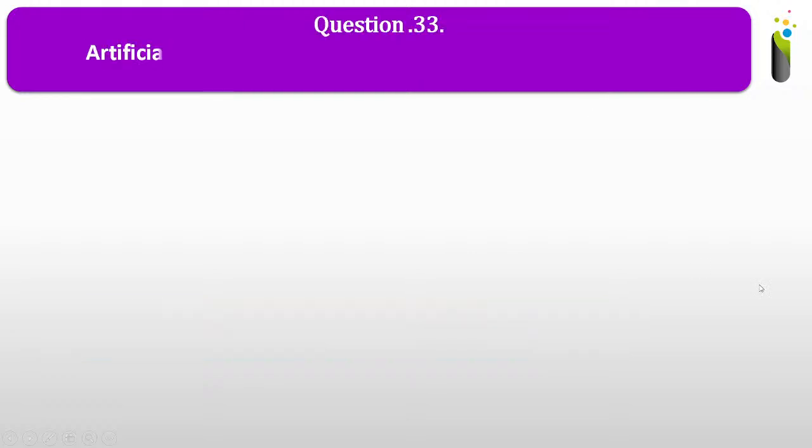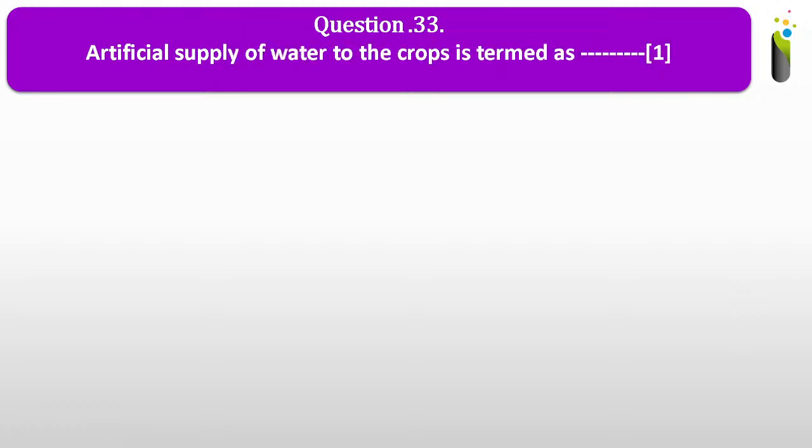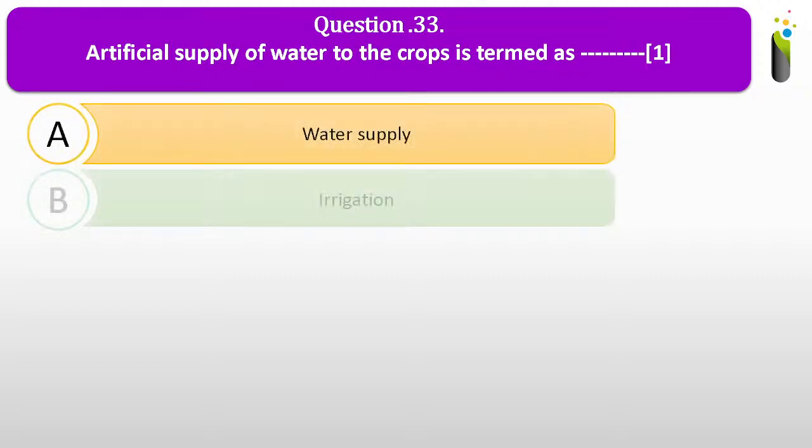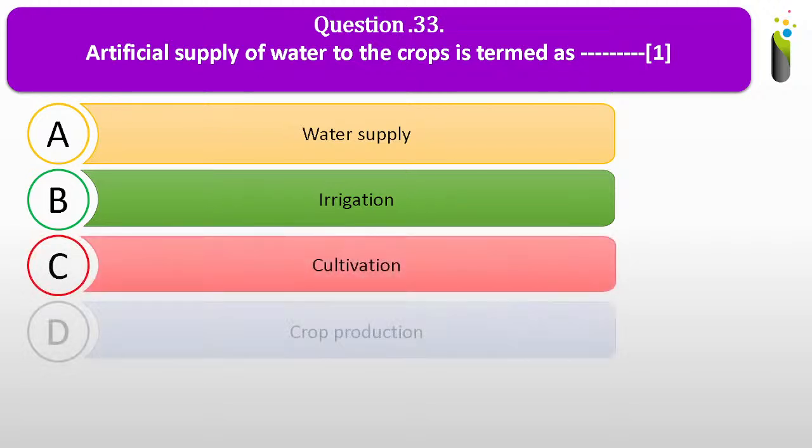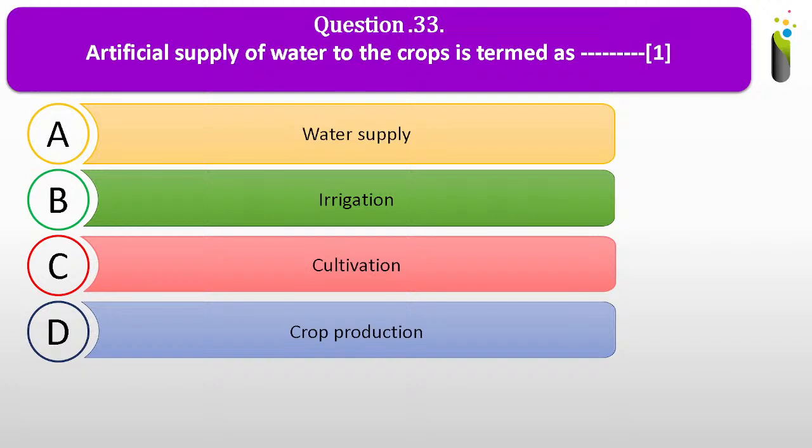Question number 33. Artificial supply of water to the crops is termed as dash. A. Water supply. B. Irrigation. C. Cultivation. D. Crop production.